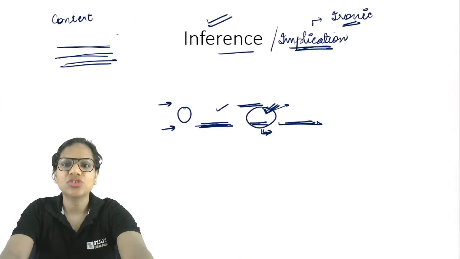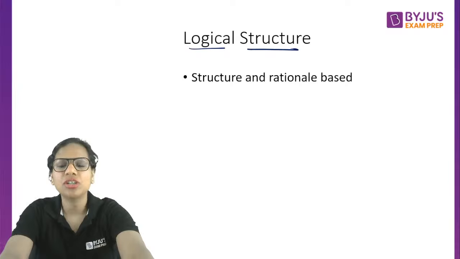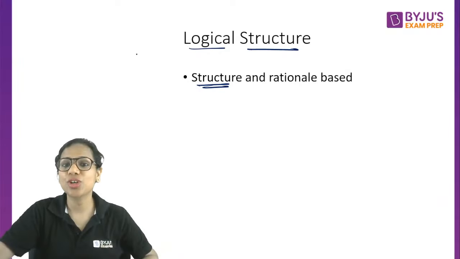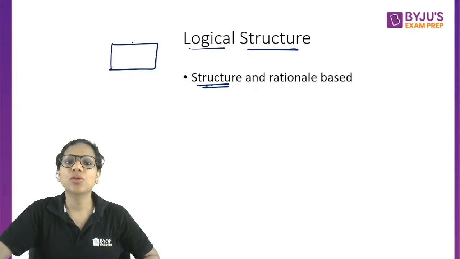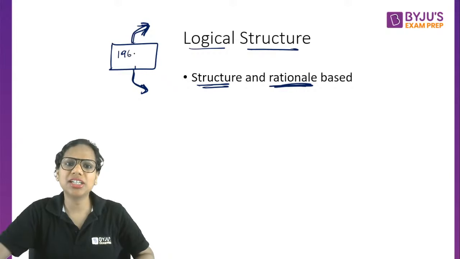Okay, so in such questions, logical structure questions, what are they based on? They are based on the structure of the passage. So you have to look at the previous paragraph, you have to look at the subsequent paragraph, and see whether this paragraph is related to the previous paragraph, and if yes, how. Whether it is related to the subsequent paragraph, and if yes, how. What is the author's rationale? Fine, the author wrote about a study.